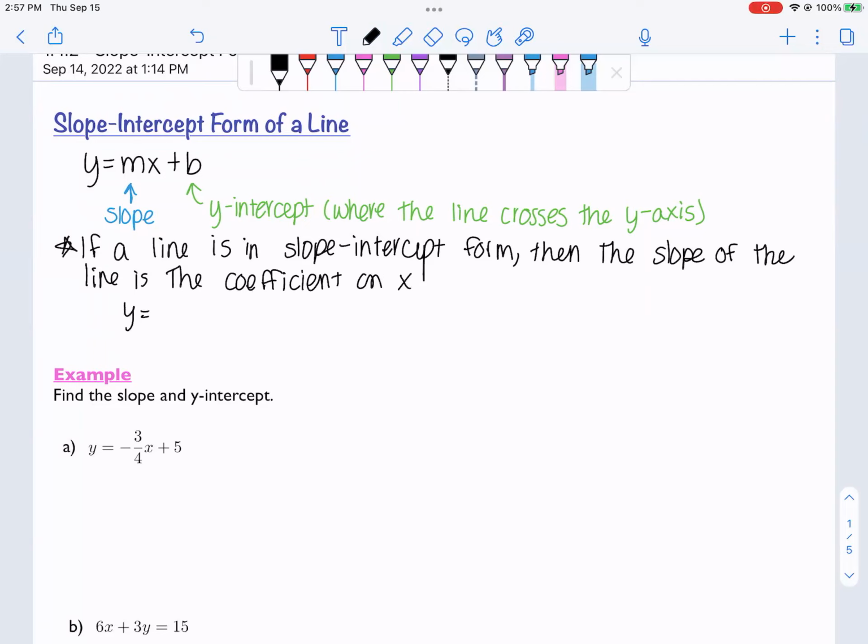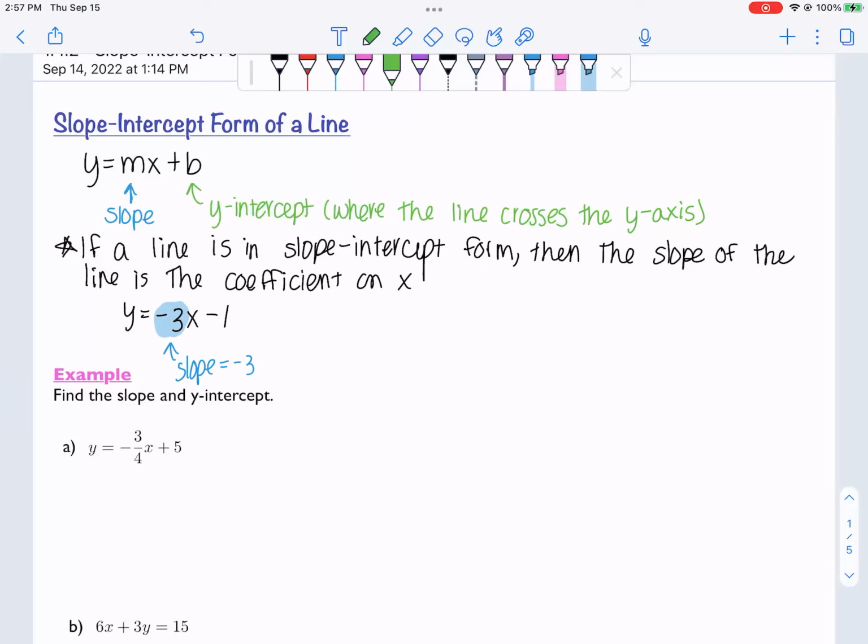So for instance, if I had y equals -3x minus 1, the slope is going to be that number directly next to the x, -3. So here, the slope is -3.